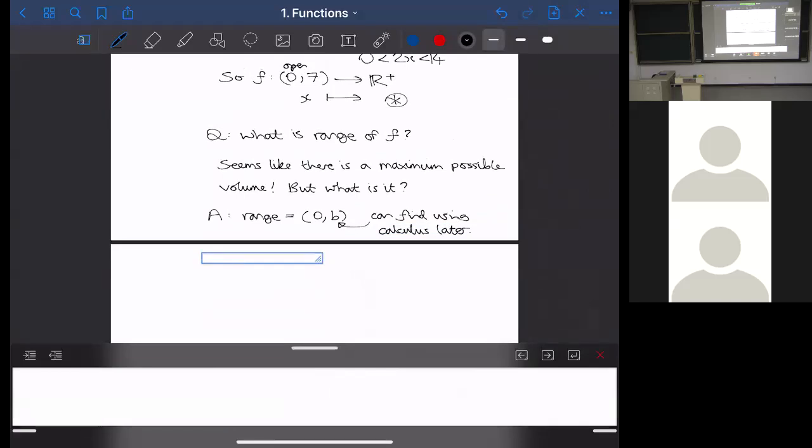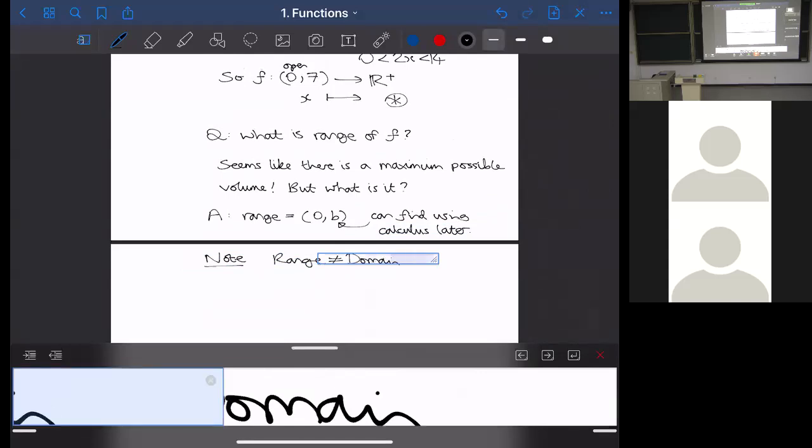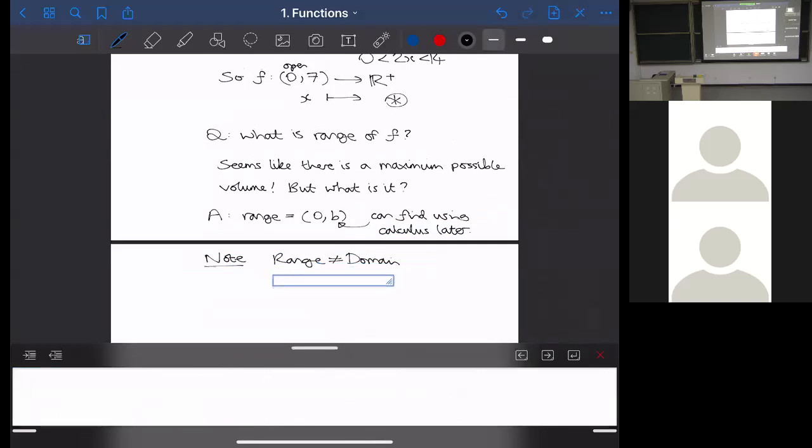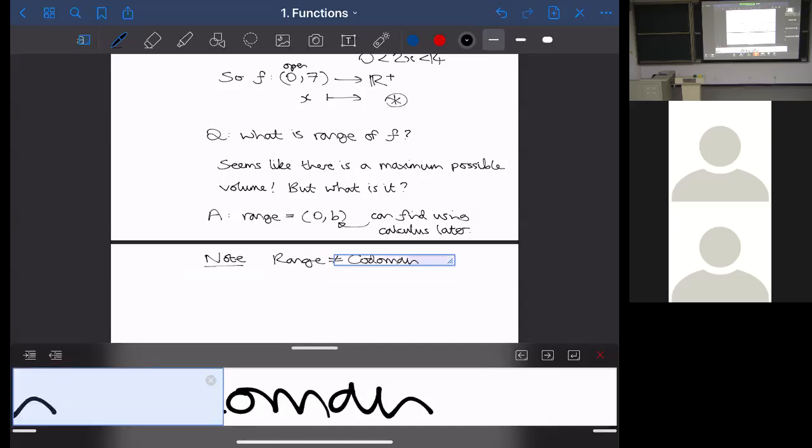So some notes. In this case, the range is not equal to the domain. Range is not equal to codomain.